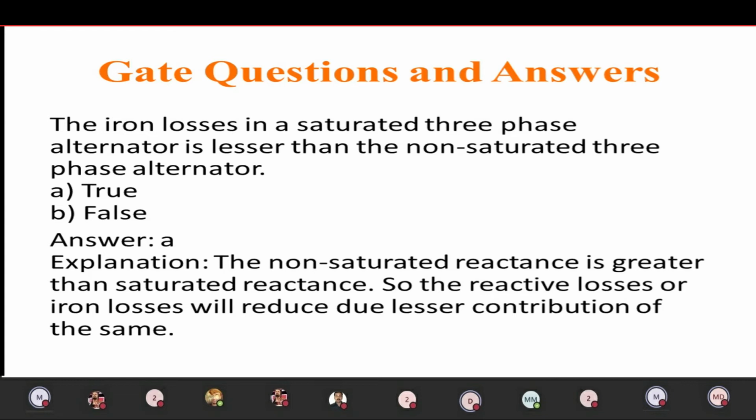So the answer is A. What is the term saturation? Once the machine reaches its designed limit or natural limit, it is saturated. The iron loss of a saturated three-phase alternator is less than that of the non-saturated one. So true.